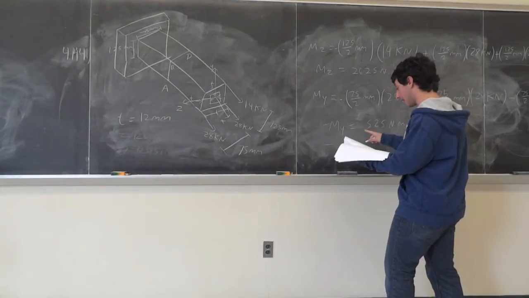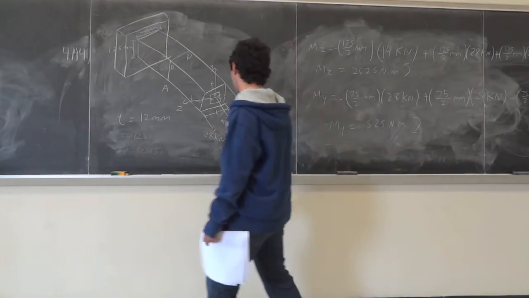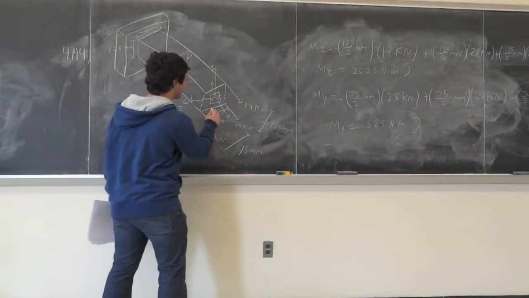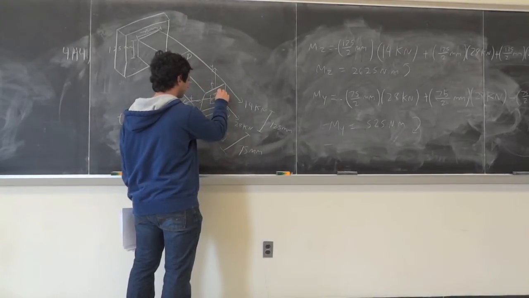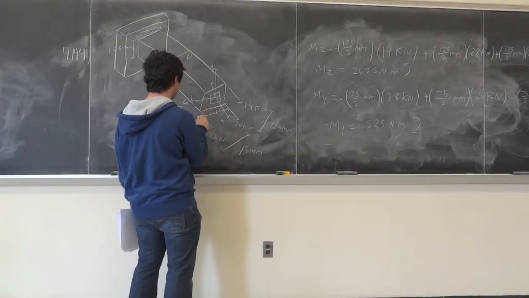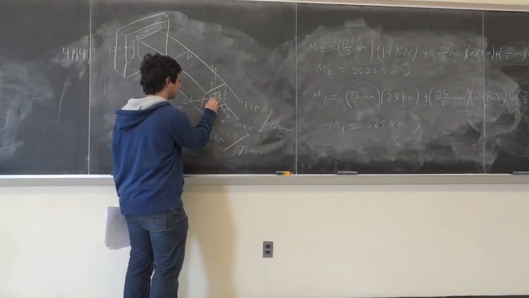You get a negative value, so that indicates it's going clockwise. So you have a moment, my, going clockwise, so it's this way. And then you have a moment around the z-axis, which is going counterclockwise, so it's going this way.